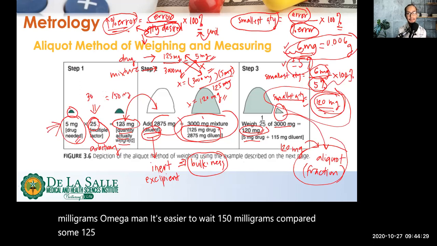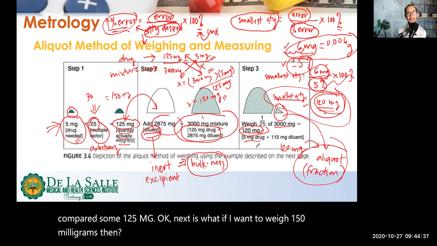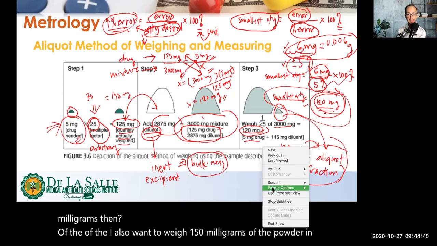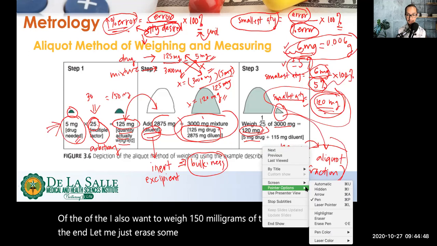Okay, next is what if I want to weigh 150 milligrams, I also want to weigh 150 milligrams of the powder in the end. Let me just erase some of the stuff that are here.